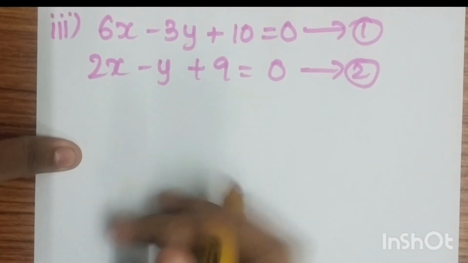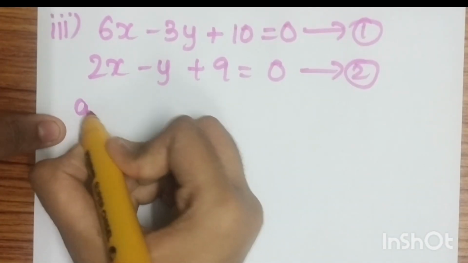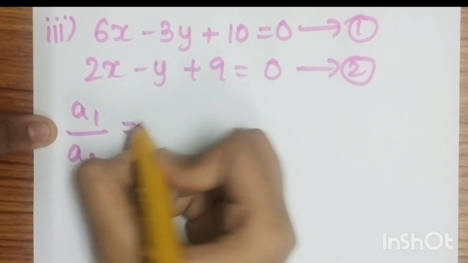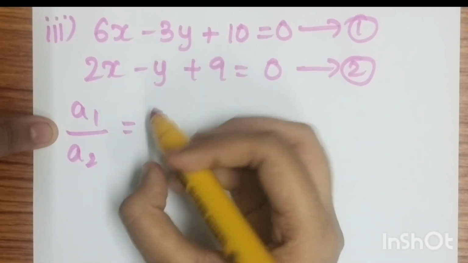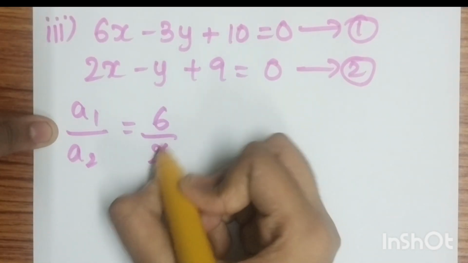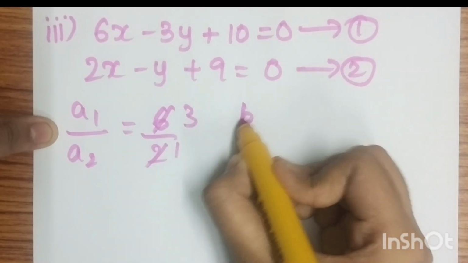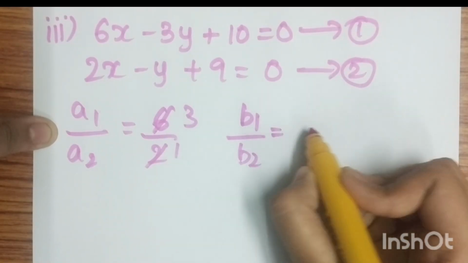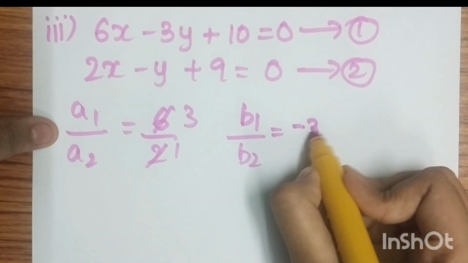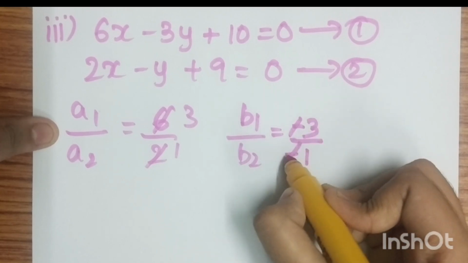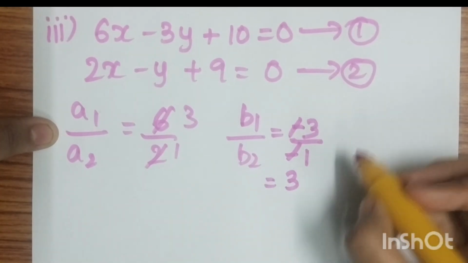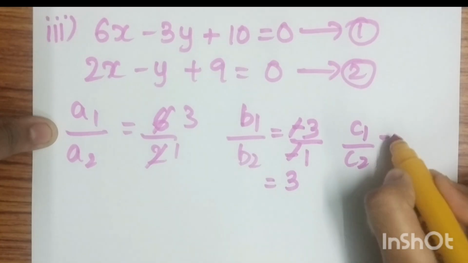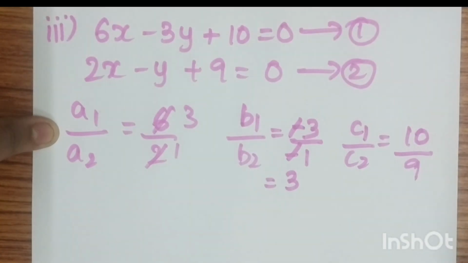As usual, the first step is to write the ratios. a1 by a2 is equal to 6 by 2, which is 3. And b1 by b2, with signs you have to calculate: it is minus 3 by minus 1, the minuses get cancelled, so it is 3. And c1 by c2 is 10 by 9.